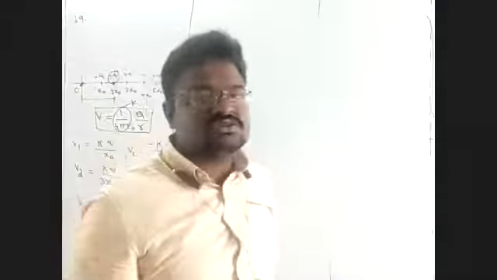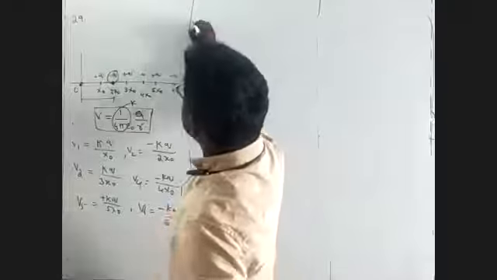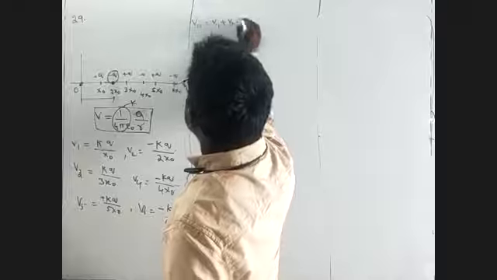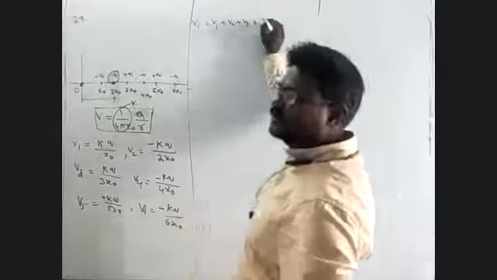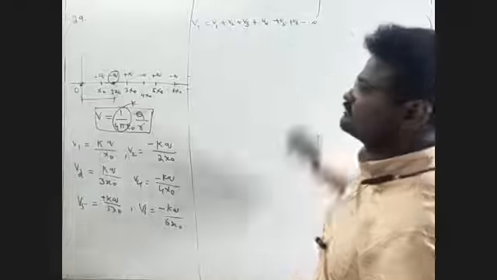So V total at the origin point is equal to V1 plus V2 plus V3 plus V4 plus V5 plus V6 and so on.